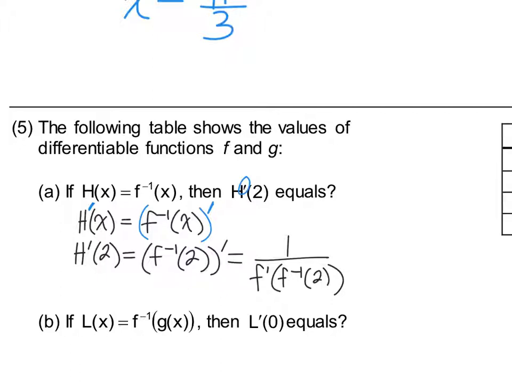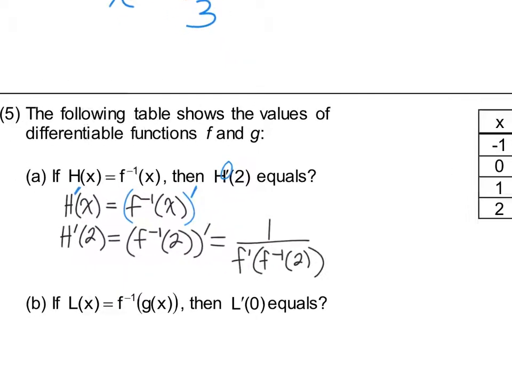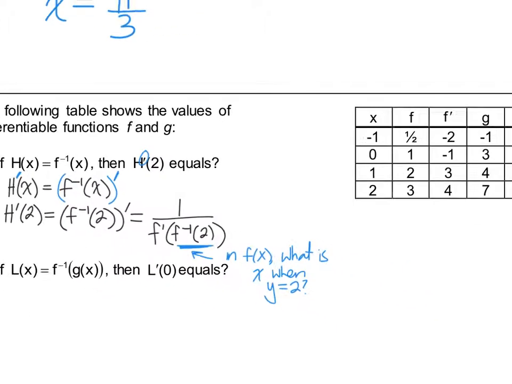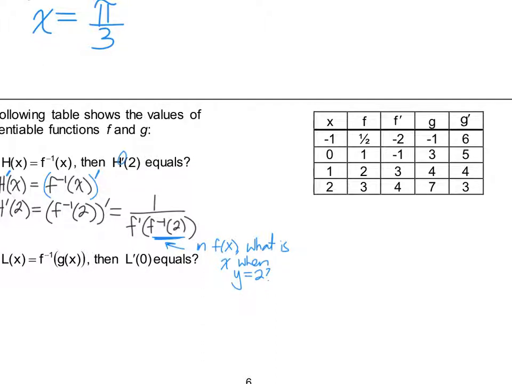And decoding what the rule is asking us or telling us to do is the key ingredient here. And that's really any source of confusion. It's all coming from this notation, once you get down to the ideas behind it. This is saying, again, in f of x, what is x when y equals 2? Question mark. But it's not a graphing calculator question, or at least not directly, because all the information has been given to you.